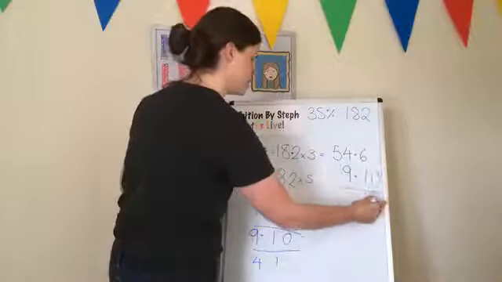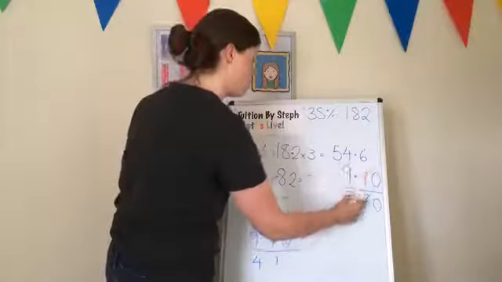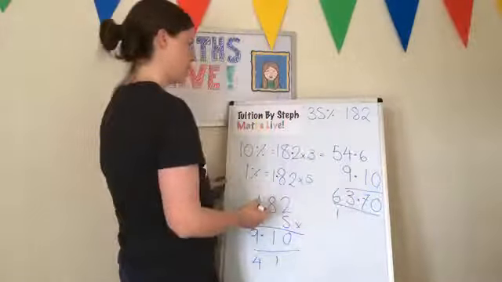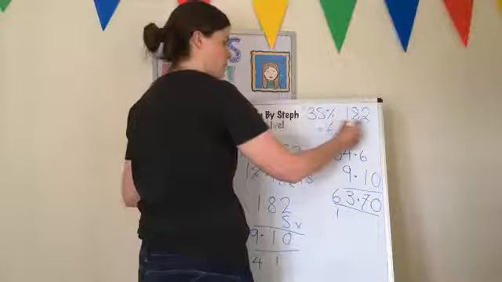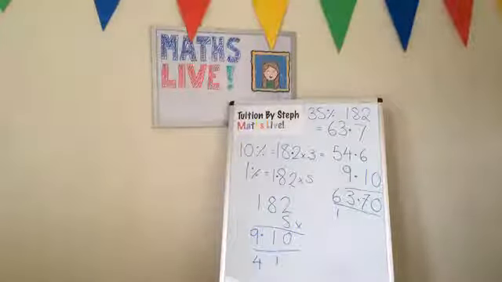Add that together, so that's 0, 7, 4 plus 9 is 13, and 5 plus 1 is 6. So 35% of 182 is 63.7. It can be 63.70. Let me just have a look and see if we've got any answers.